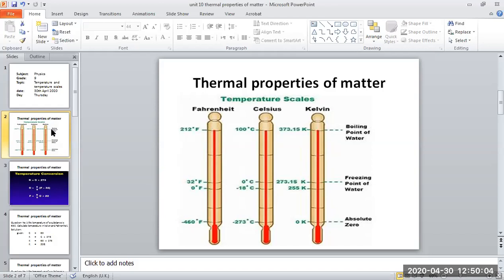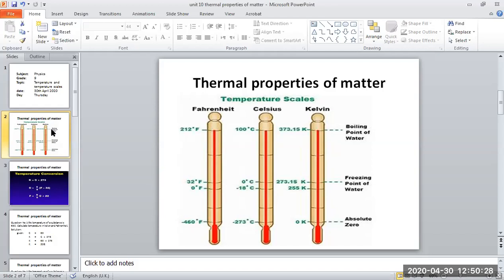Each and every measurement, we measure something in different scales. For example, we measure mass in kilogram, and time in second. These are standard units.